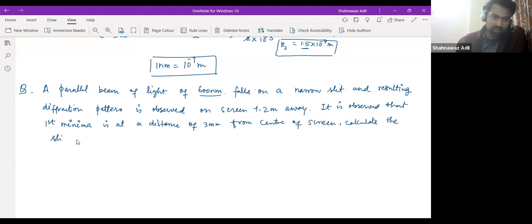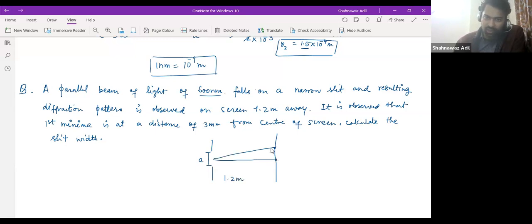So you have to calculate, let's say, the parallel lines of light are coming, and then this is the slit width, which is a, and this separation is given, which is 1.2 meter, and this is the central point, and this distance is given.